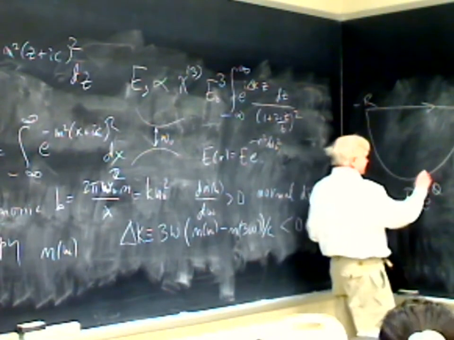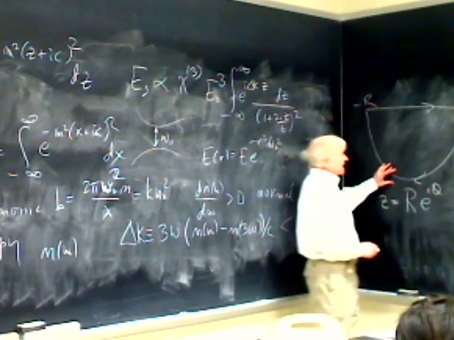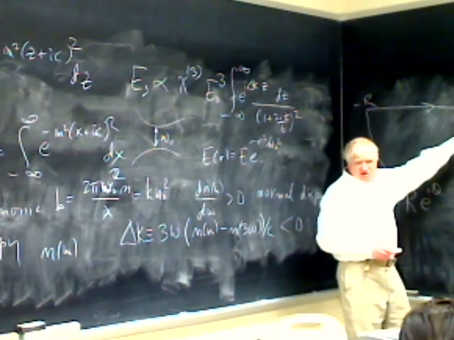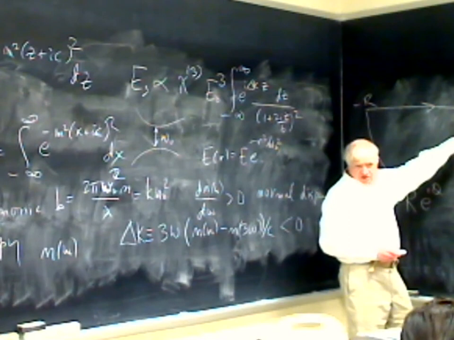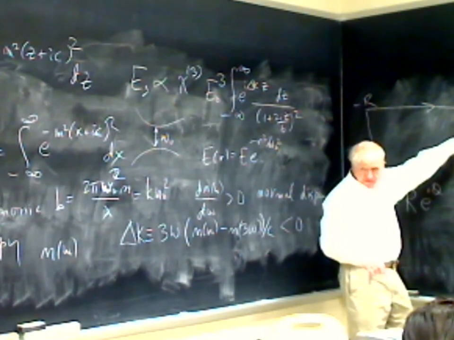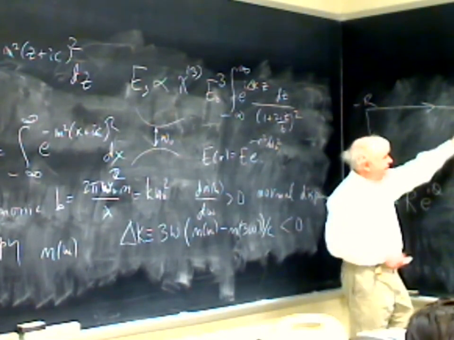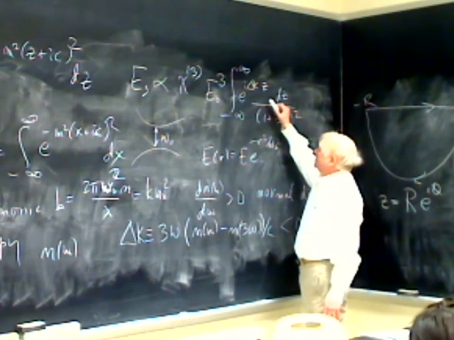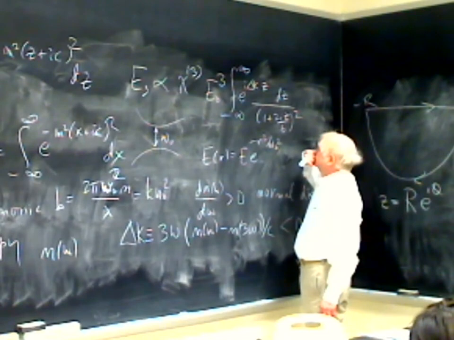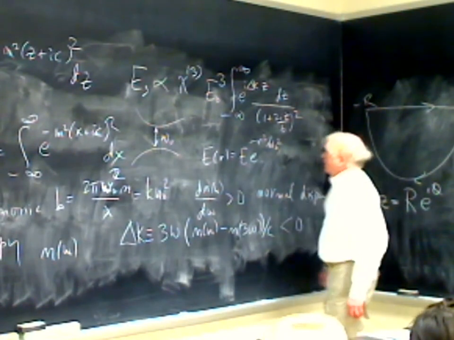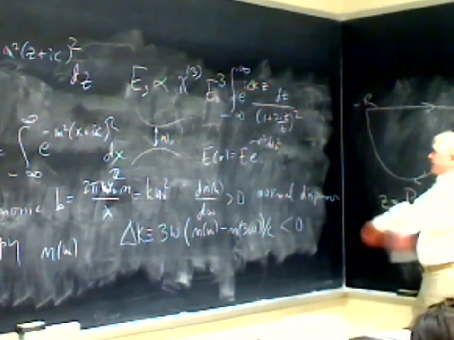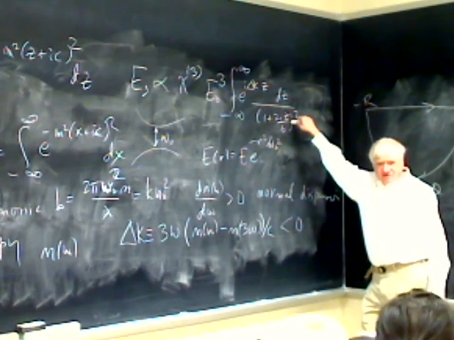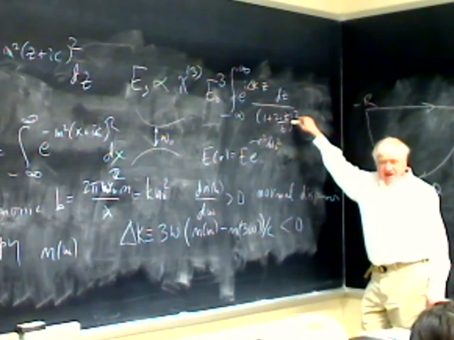Because on this contour it's 0, and you can say, well, what about over here? You're not very far, you're not already way down in negative y. But over here, you're already damped because you got a 1 over z squared here.